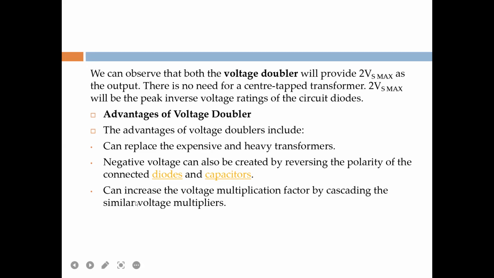The third advantage is that we can increase the voltage multiplication factor by cascading similar voltage multipliers. Cascading means one is connected to the second, the second is connected to the third. By cascading voltage doublers you can increase the output voltage. That is our aim: generation of high voltages and high current.